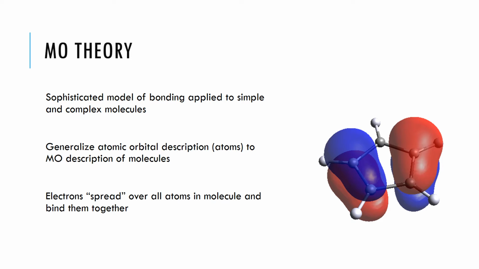And all that happens is that to make a molecular orbital, atomic orbitals overlap and share space. So in the simplest form, two atomic orbitals on two atoms will overlap to form molecular orbitals. What we're saying then is that electrons, from a mathematical perspective, spread over all atoms in that molecule and bind them together. And in molecular orbital theory, this is essentially a very basic description of a chemical bond.